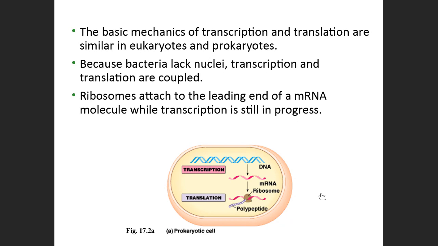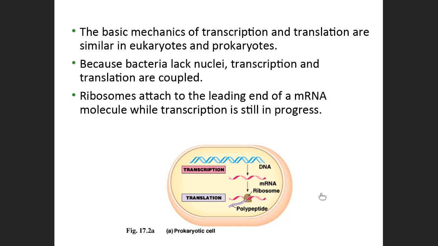In eukaryotes, that doesn't happen because transcription occurs in the nucleus, because that's where the DNA is. And so the messenger RNA is synthesized in the nucleus and is then transported to the cytoplasm, where it hooks up with the ribosome. So there's a delay when it comes to the synthesis of a protein in eukaryotes versus prokaryotes.